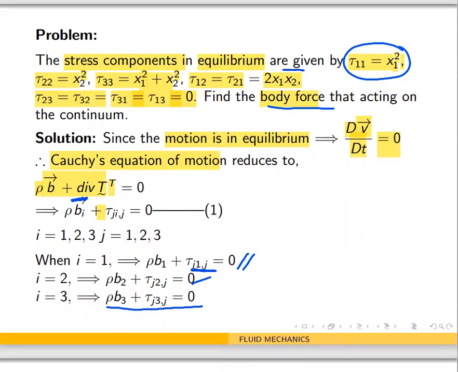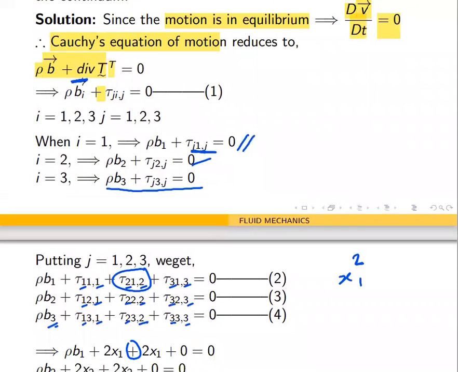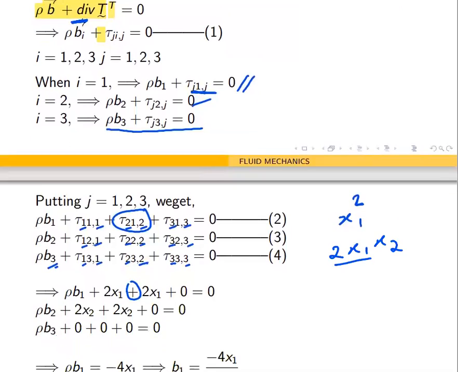Tau 21 is nothing but 2x1 x2. Now I want the differentiation of 2x1 x2 with respect to x2, so it is nothing but 2x1. Plus the next term we have tau 31.